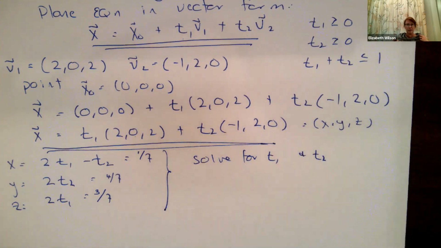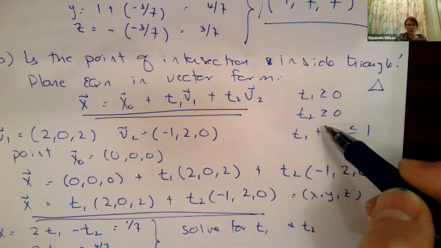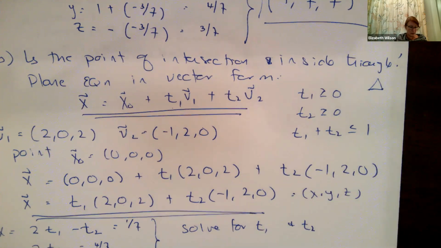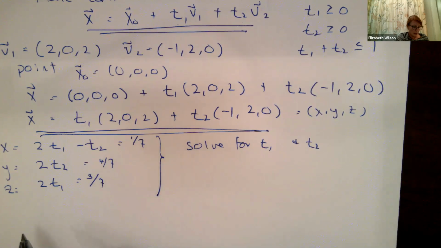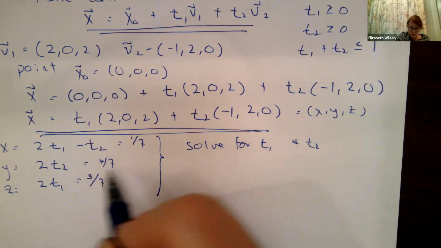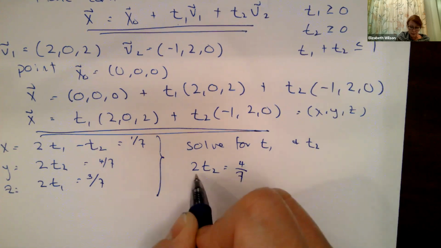Which is basically like saying, okay, we know that this is on the plane. If T1 and T2 are a vector representation of our plane, which is equally valid as our implicit equation for our plane, we want to know what values of T1 and T2 are going to generate this particular point. Okay, and then we're going to check after we find that, do the T1 and T2 relate to each other this way? So when I work it through, I'm going to get 2t2 equals 4/7. I divide by 2.